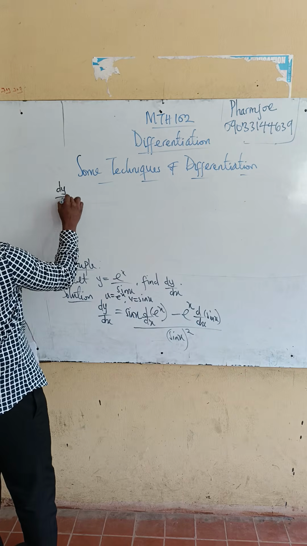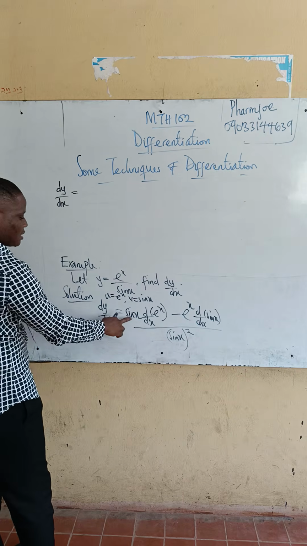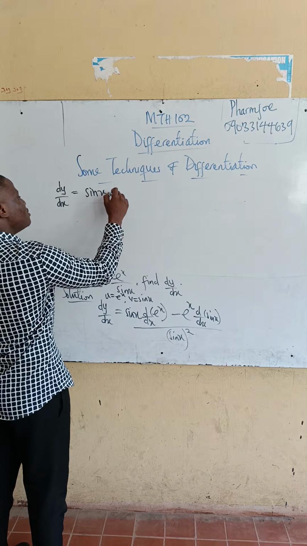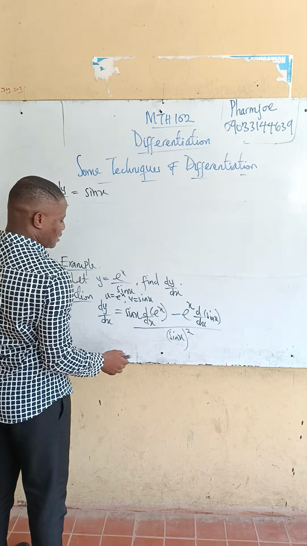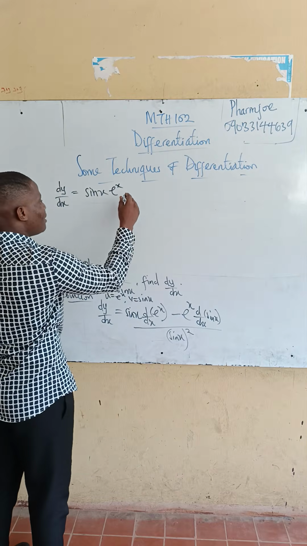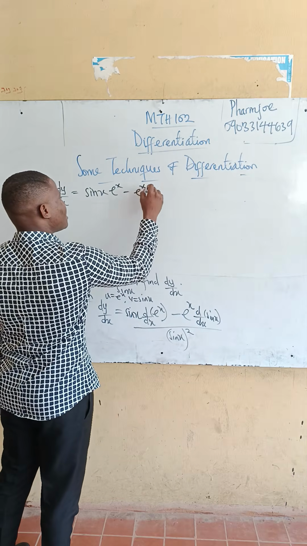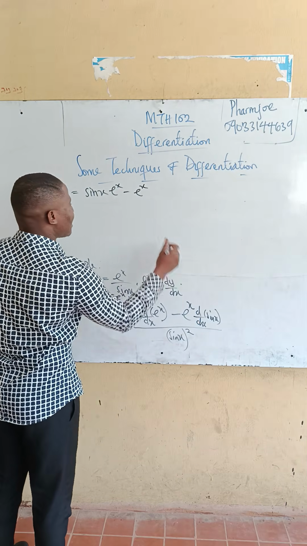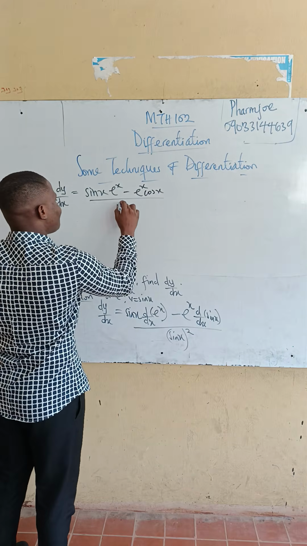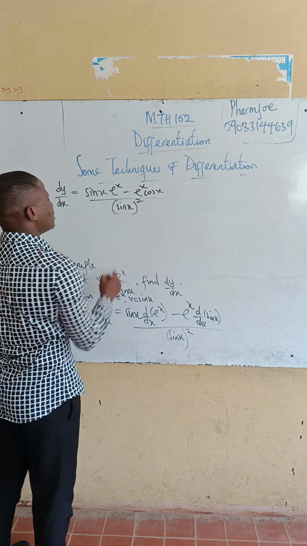So our dy/dx is now sine x times the derivative of e to the x. I told you, it's like a stubborn boyfriend that is calling you. It can't change. This guy cannot change. That's still e to the x, minus e to the x times the derivative of sine x, that's what? Cos x, over sine x all squared.